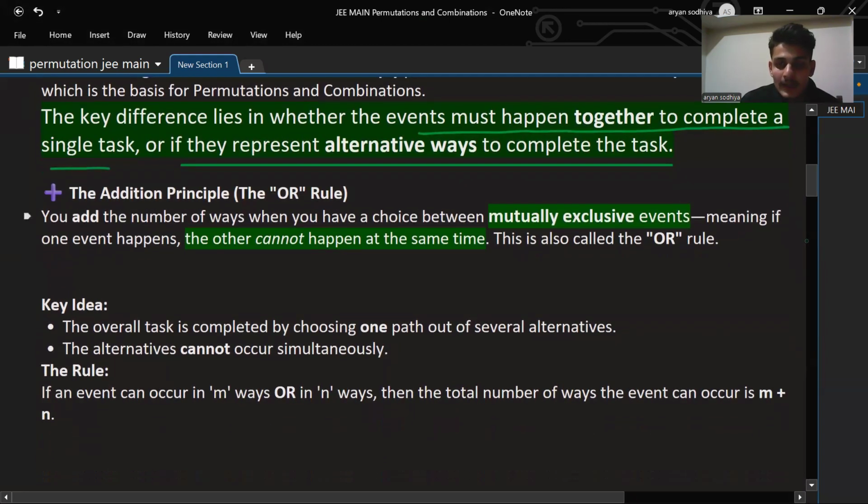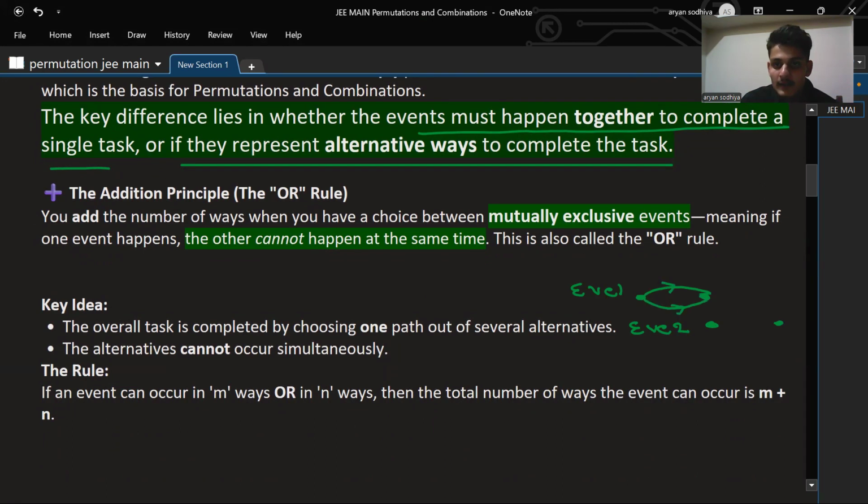Suppose I want to complete event 1 and event 2. In event 1, there is one way here and one way here.